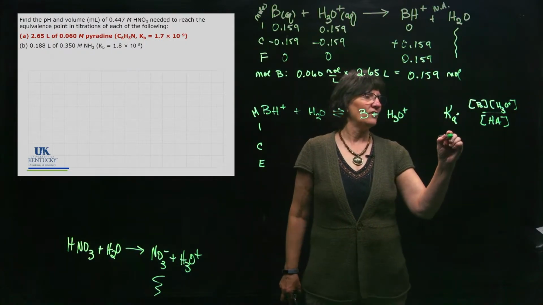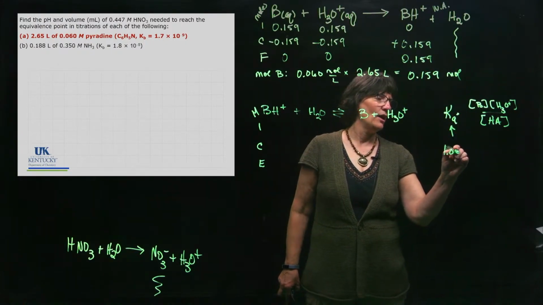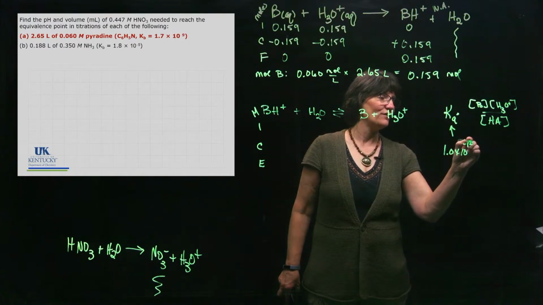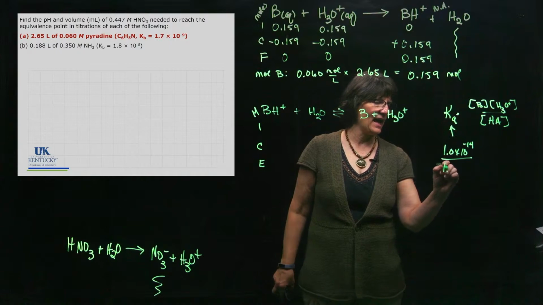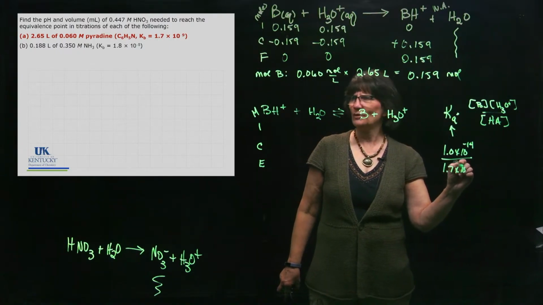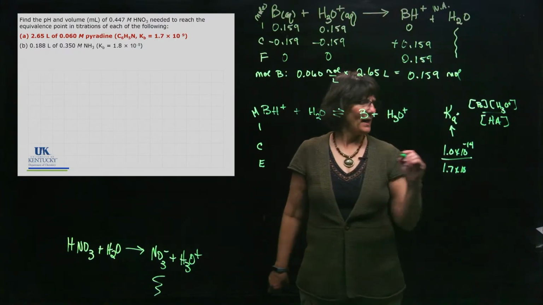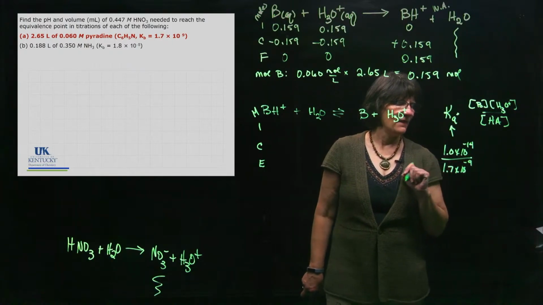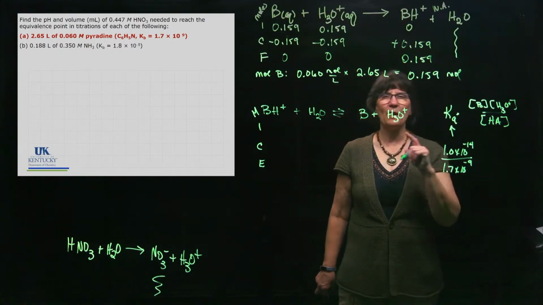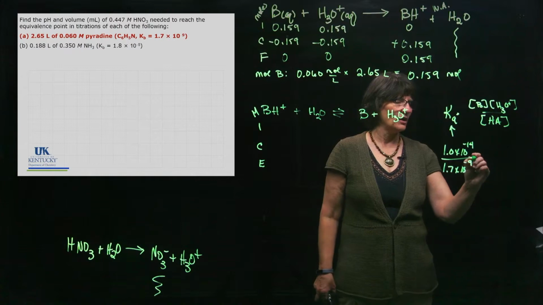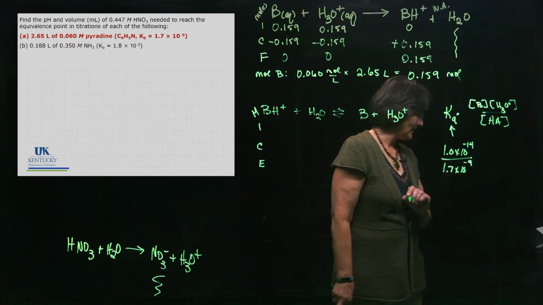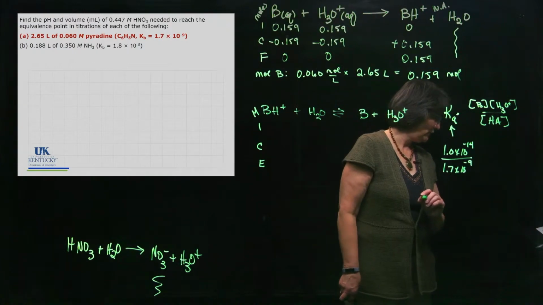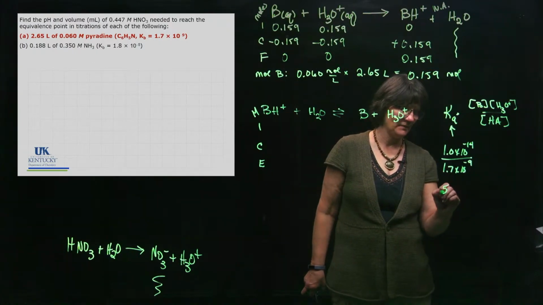So I could get this by taking 1 times 10 to the minus 14 divided by the Kb. That's how I get a Ka. The Kb is 1.7 times 10 to the minus 9, okay? That was a pretty weak base. So that's going to give me a Ka value equal to, let's see, what is it? I will tell you, 5.88 times 10 to the minus 6.